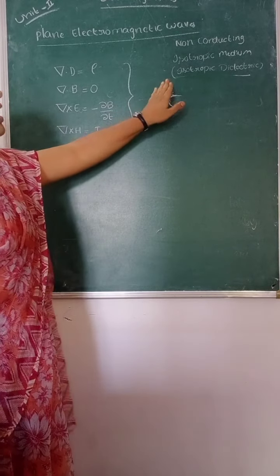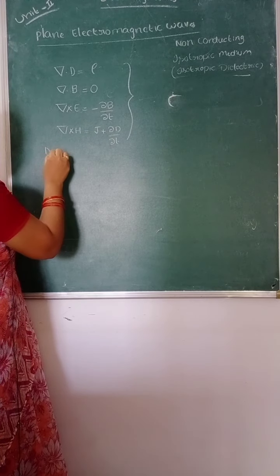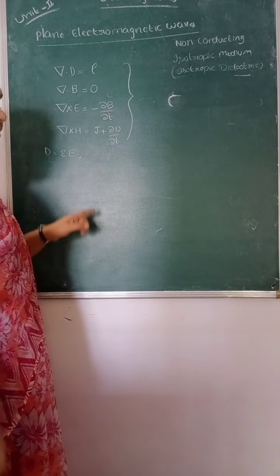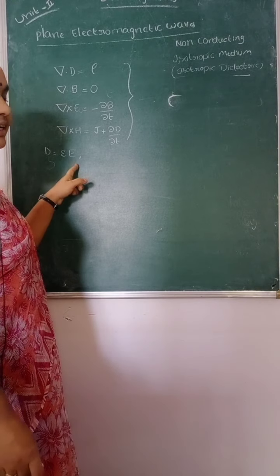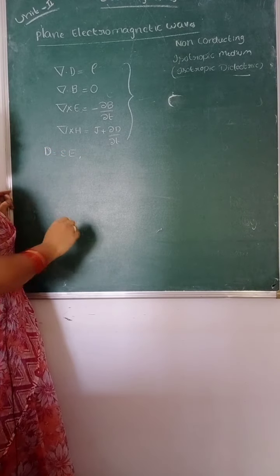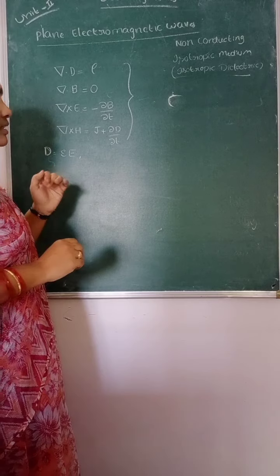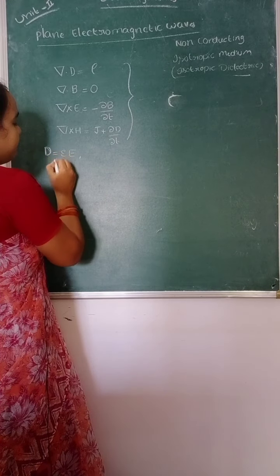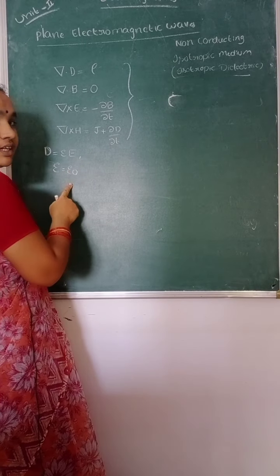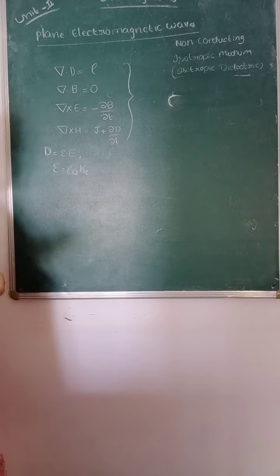In case of an isotropic dielectric medium, this displacement vector is epsilon E. In free space, we will write it as epsilon naught E. For isotropic dielectric medium, it is D equals epsilon E. Epsilon is epsilon naught into K, that is, permittivity of free space multiplied by the dielectric constant in electric field.